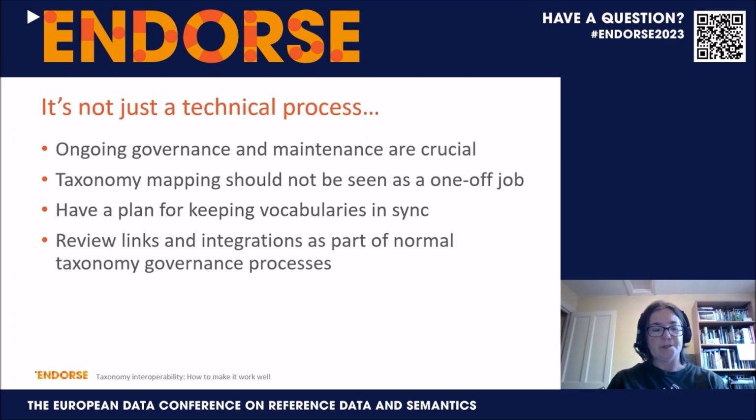How are you going to keep this in sync? Because things will change. Meanings might change, language will change, the systems will change, the underlying business requirements will change, what you actually want to do with the mapping will change, and somehow someone needs to have accountability for that, and they need to talk to the right people: the data owners, the data stewards, subject matter experts, language experts if relevant.